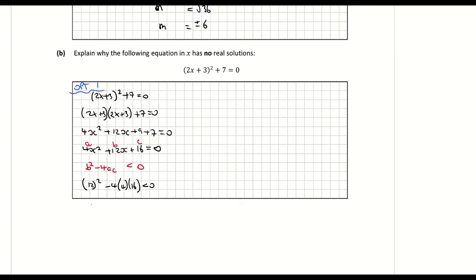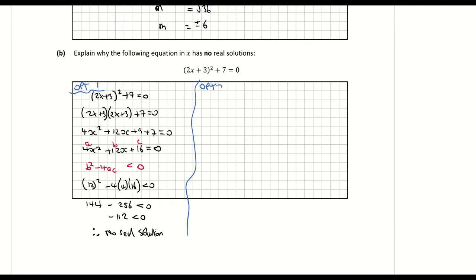So that's giving me 144, minus 4 times 16, so 16 by 16 is 256, less than 0. And when I work that out, I get minus 112 less than 0. And there it's proved. Therefore, no real solutions because my value is less than 0. Now that's one way of doing it.